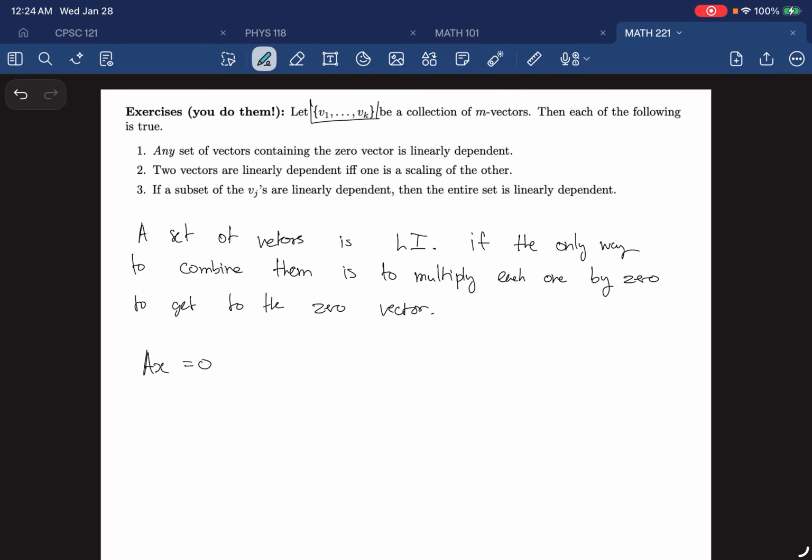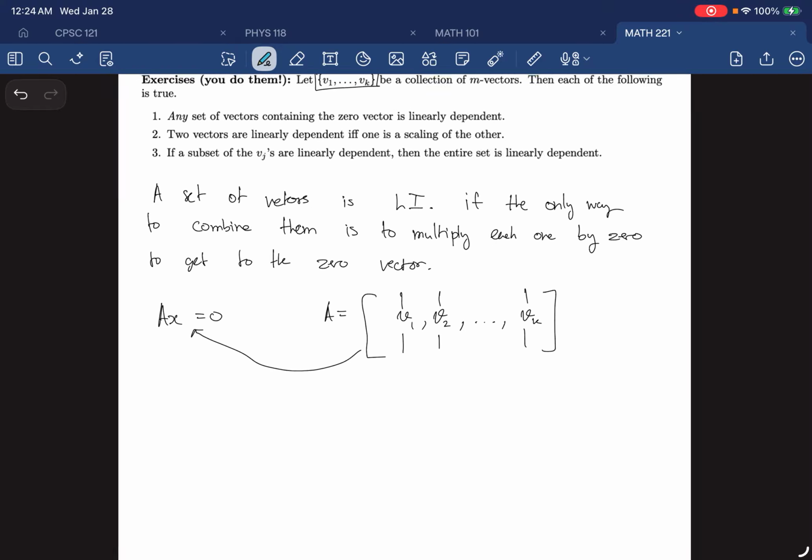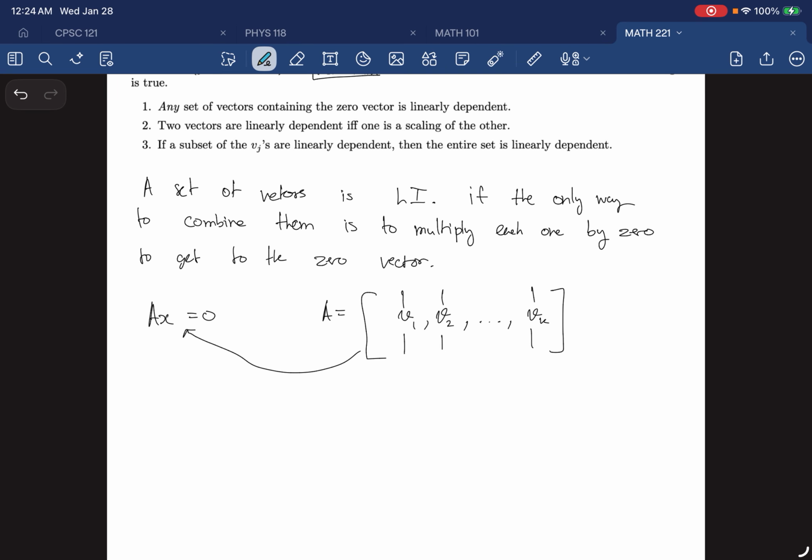We have a collection of vectors v1 to vk, and we can visualize A as the matrix with columns v1, v2, ..., vk. You multiply that by x and set it equal to 0. So you get x1 v1 plus x2 v2 plus ... xk vk equals 0.